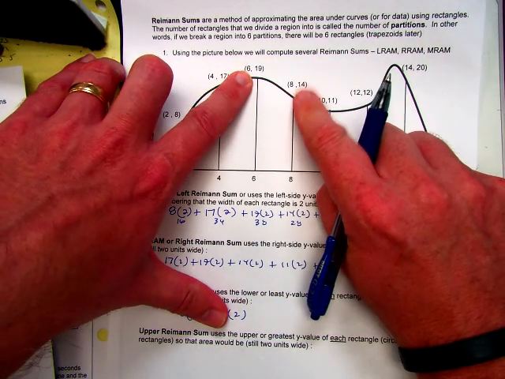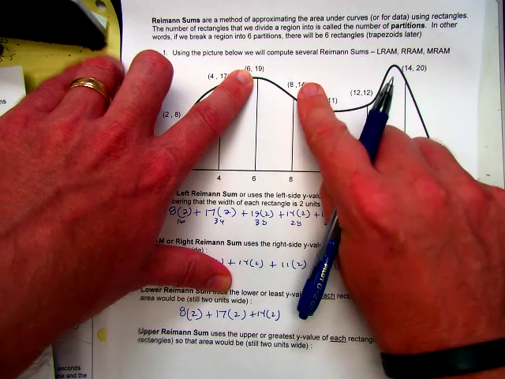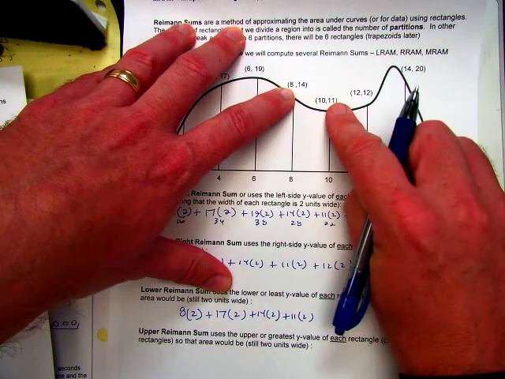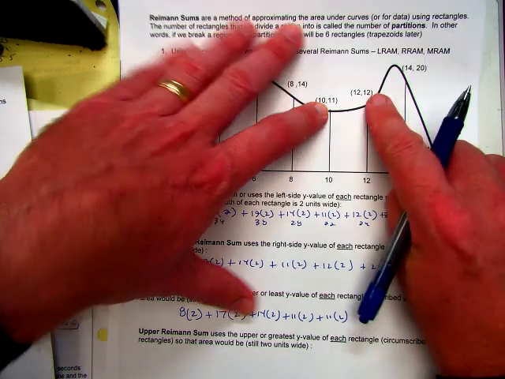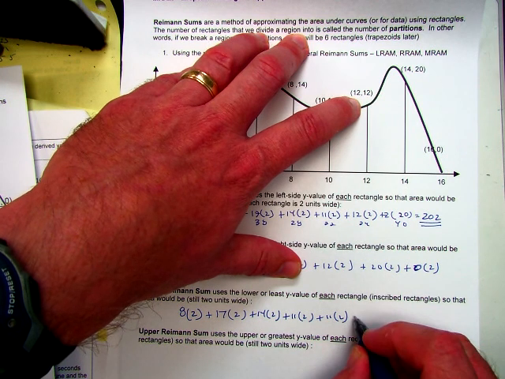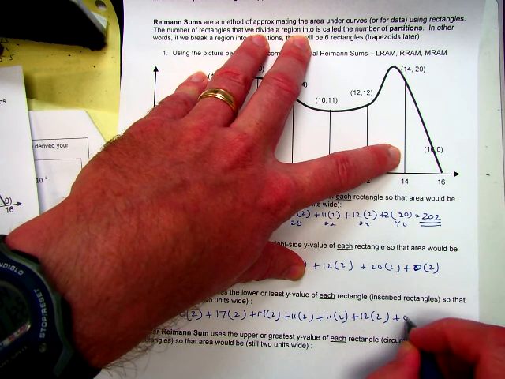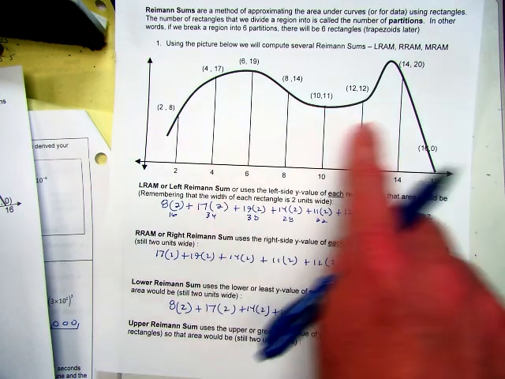This one would be now this side, which is plus 14 times 2. Now I take this one, would be 11 times 2. Go to this one, it's again 11 times 2. Go to this one, it's 12 times 2. And go to the last one, it's 0 times 2. The lower Riemann sum is the least it could be with this number of partitions.